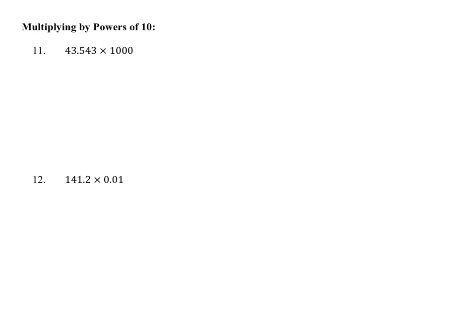Now, multiplying powers of 10, I love this because it's so wicked great. So if I think about it, this is 43 and 543 thousandths. And I'm going to multiply it by 1,000, which means I'm going to make this number bigger. So I'm going to move my decimal point to the right 3 spaces, because every time I multiply by a power of 10, I make that number 10 times bigger.